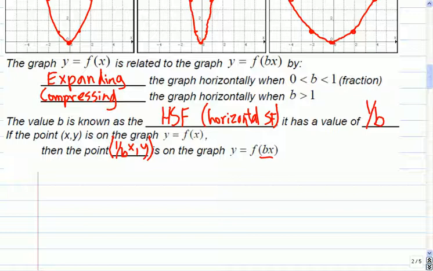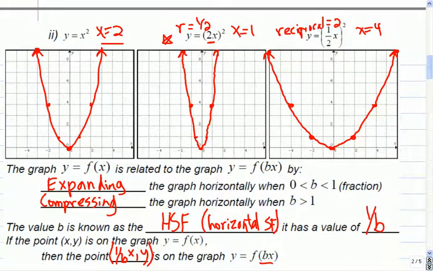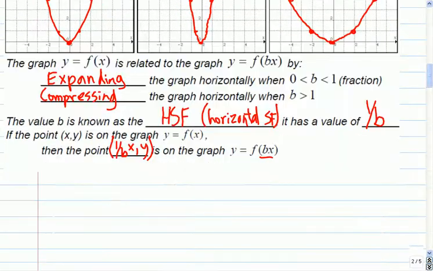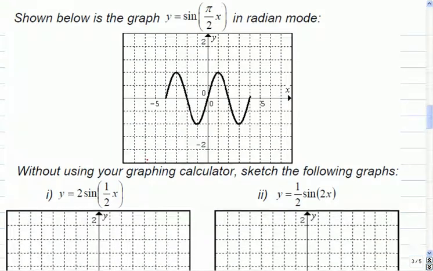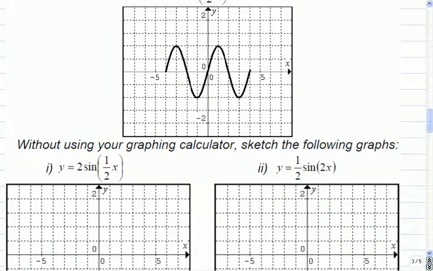Okay. So like in our first 2 examples here, this was a 2, but it ends up squishing everybody in by a half. This is a half, it ends up stretching everybody and doubling all those values. Okay. So we'll try a couple and then it'll kind of sink in a bit more. The best way to think about these ones, I don't think it's super clear in the notes.